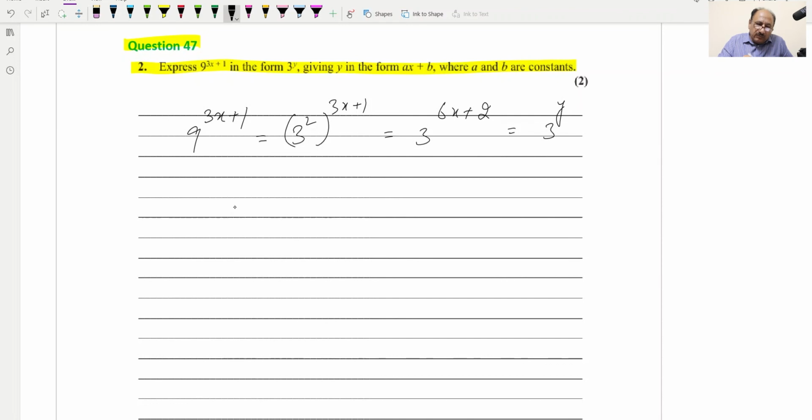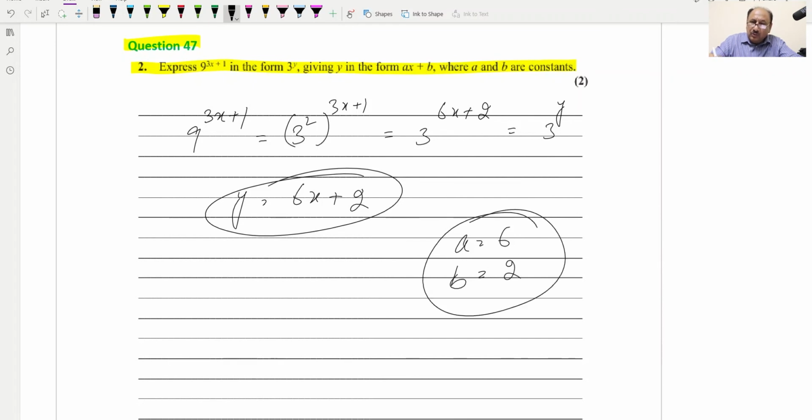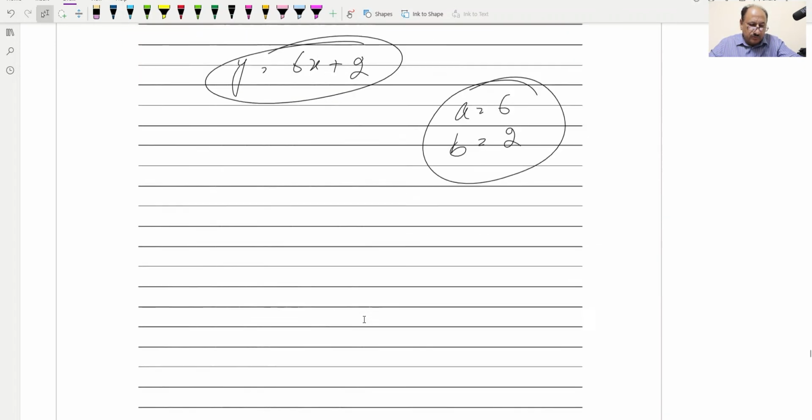So bases are same, we can write y is equal to 6x plus 2. So a will be equal to 6 and b will be equal to 2. This is a 2 marks part question which we have done.